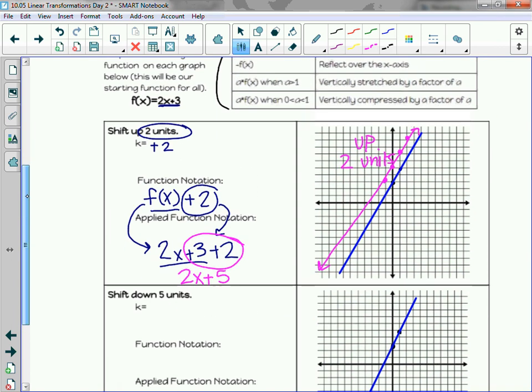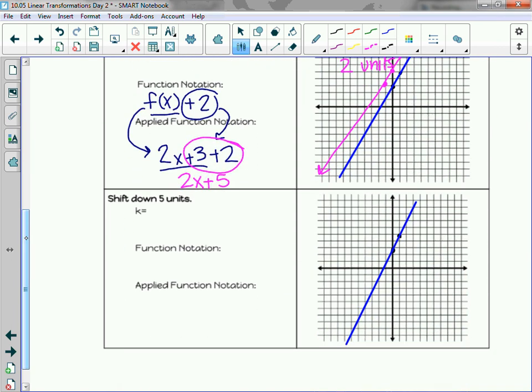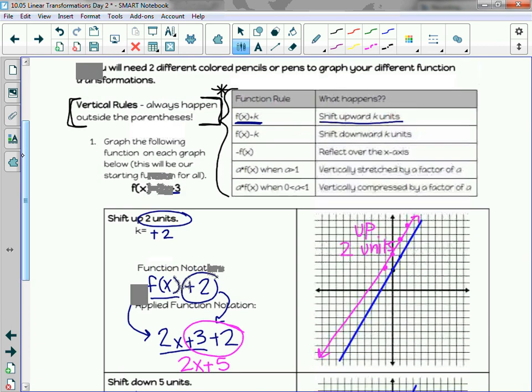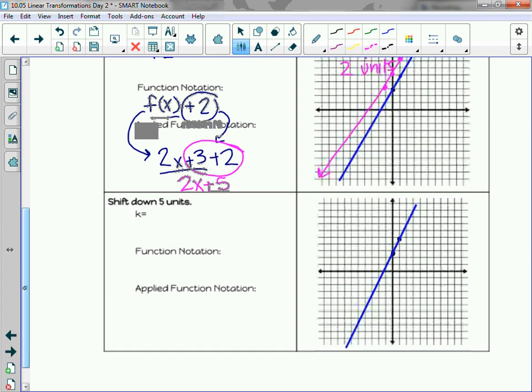Okay, so our next transformation, we are going down 5 units. So we're going downward. Look back at your table. We're shifting down k units, so f of x minus k. If we're going down 5, we are taking the original function f of x and taking it down minus 5.